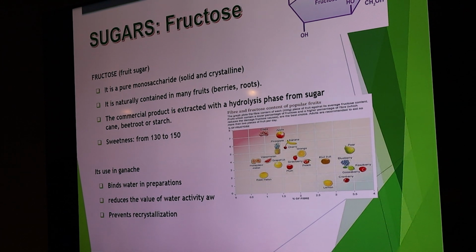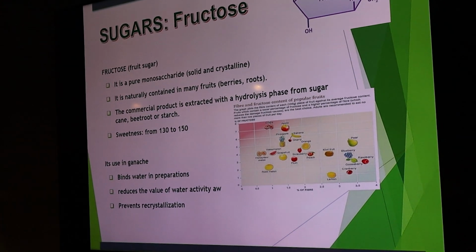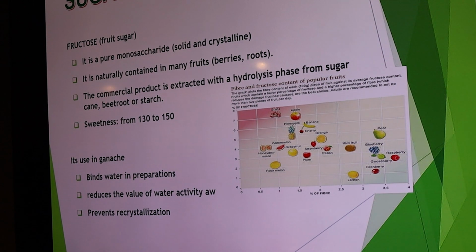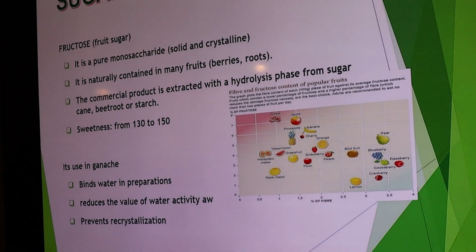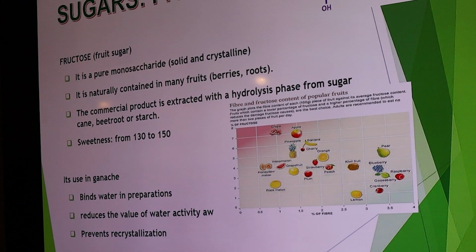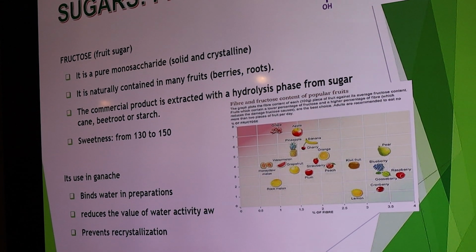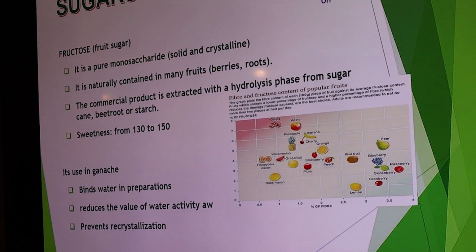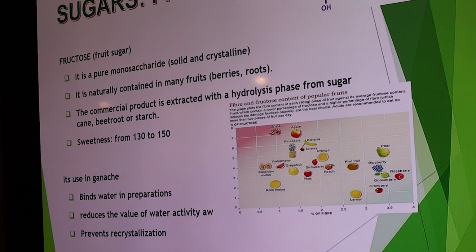Combine it with the dextrose, those two kinds of sugars, fructose and dextrose, have a huge impact in lowering the water activity, which again is one of the things that we want to avoid. We don't want too high water in our ganaches.